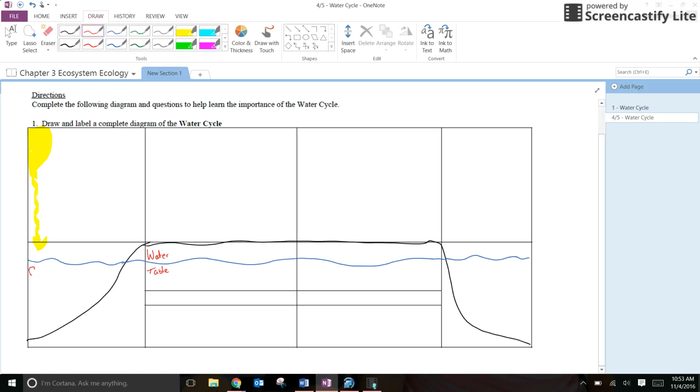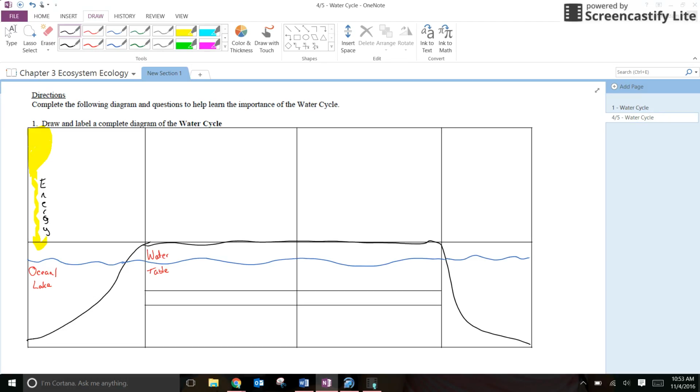I'll label things in red. So ocean / lake. So that sunlight coming down, shining onto the ocean lake is the energy that's going to drive the water cycle.